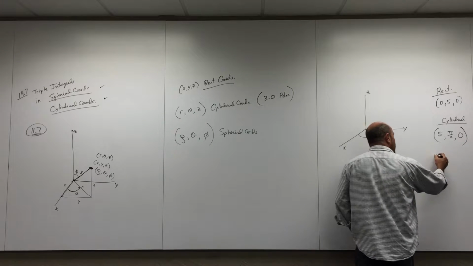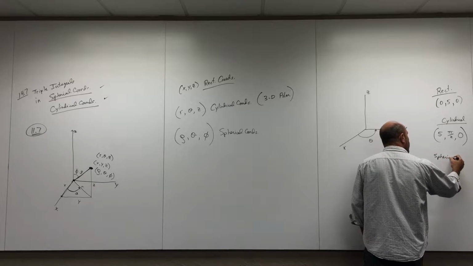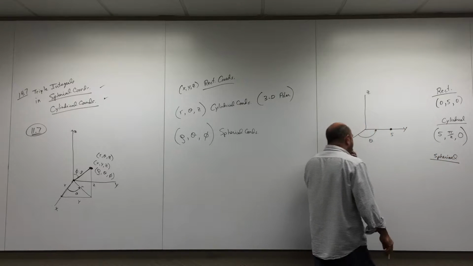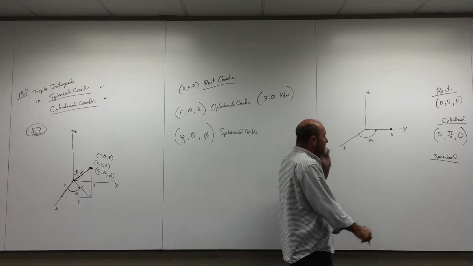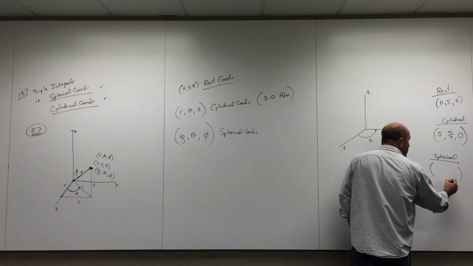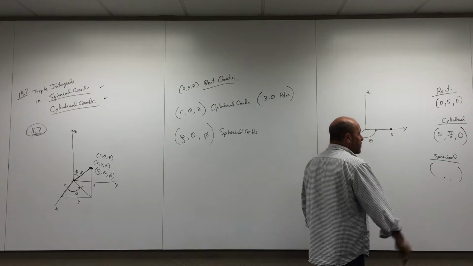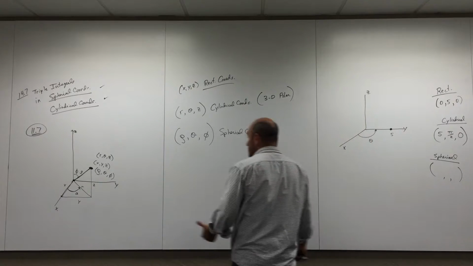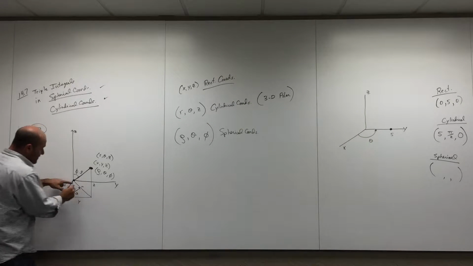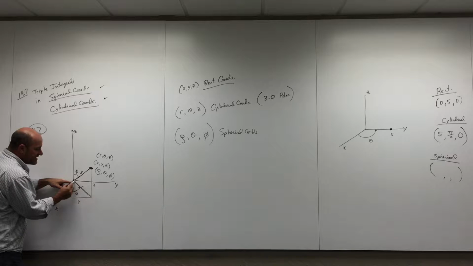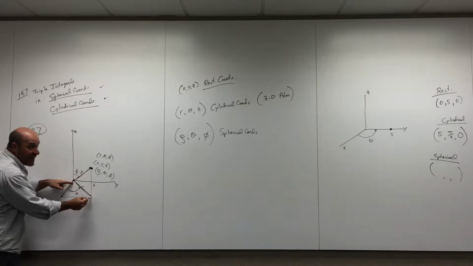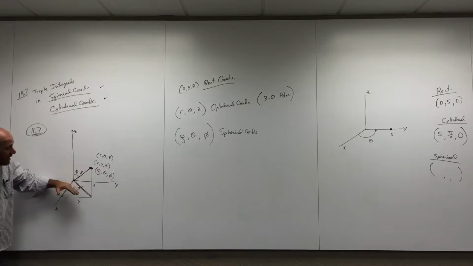Spherical was what I was trying to do here. Let's do spherical. I think in spherical coordinates, I need rho. Rho is kind of like a 3D version of r. R is this radius from the origin out, but r never elevates out of the xy plane.